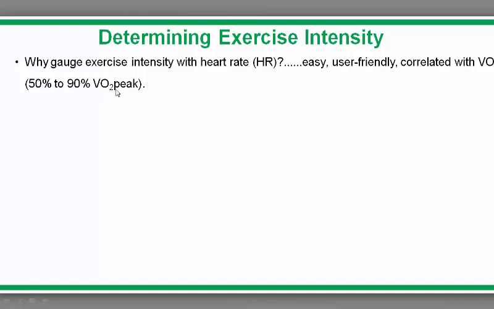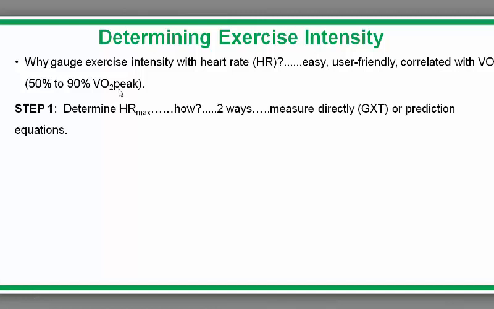It's not perfect. There is some variability with it, but it is a very commonly used and relatively accurate method to gauge that exercise intensity. And the first step in doing this is that the person should first determine what's called their maximum heart rate, or just simply heart rate max.